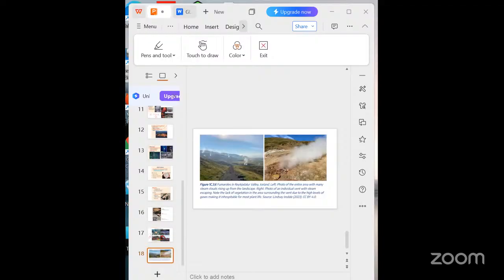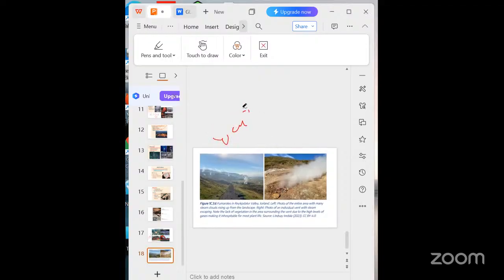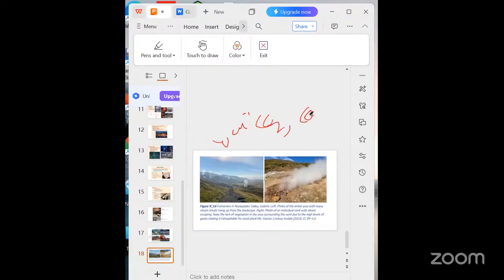So volcanic gases means magma contains gas, right? And most of the gas emitted by volcanoes is water, but carbon dioxide, CO2, carbon monoxide, CO, sulfur dioxide, SO2, and also hydrogen sulfide, in order of decreasing abundance, are also emitted, right?